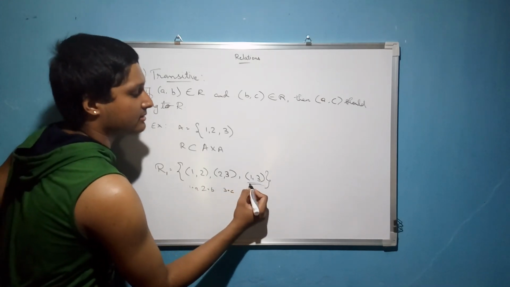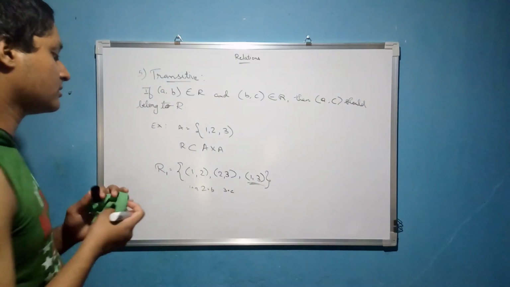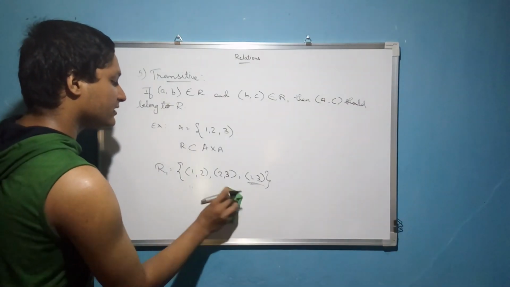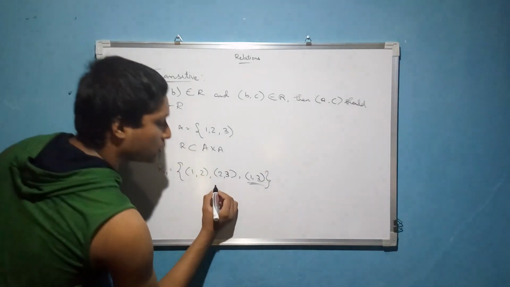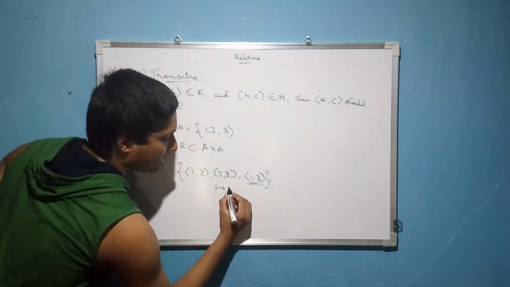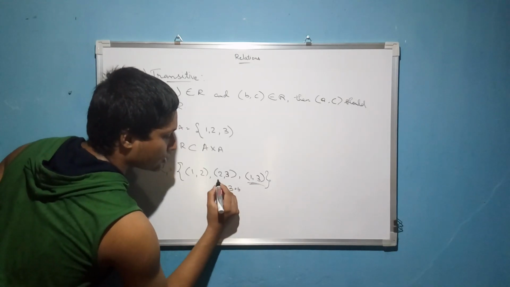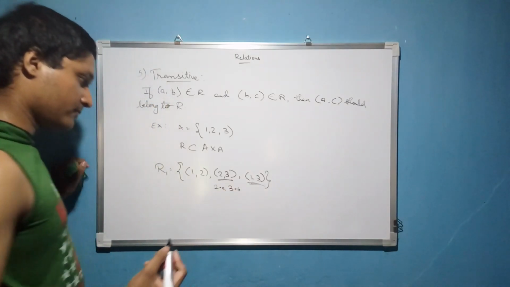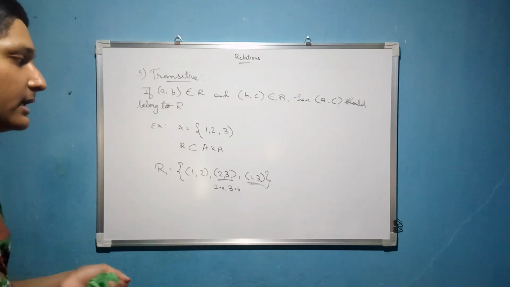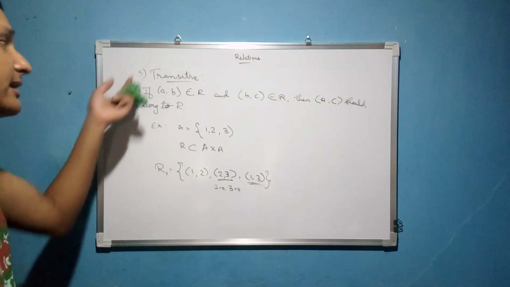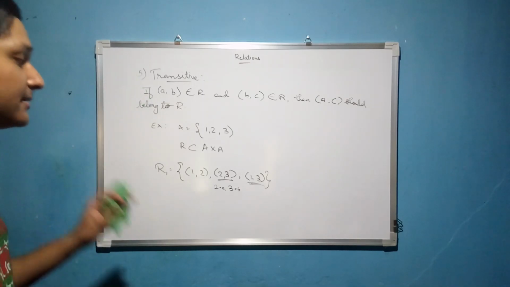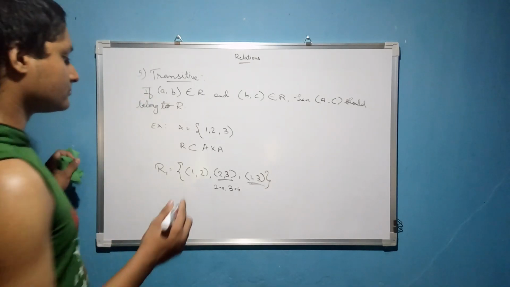That is what is present here. That is the first case. Now we will try once more. We take 2 as A and 3 as B. So we have (A, B) present, but there is no (B, C) present. So there is no question against transitivity of that. That means that this is transitive.